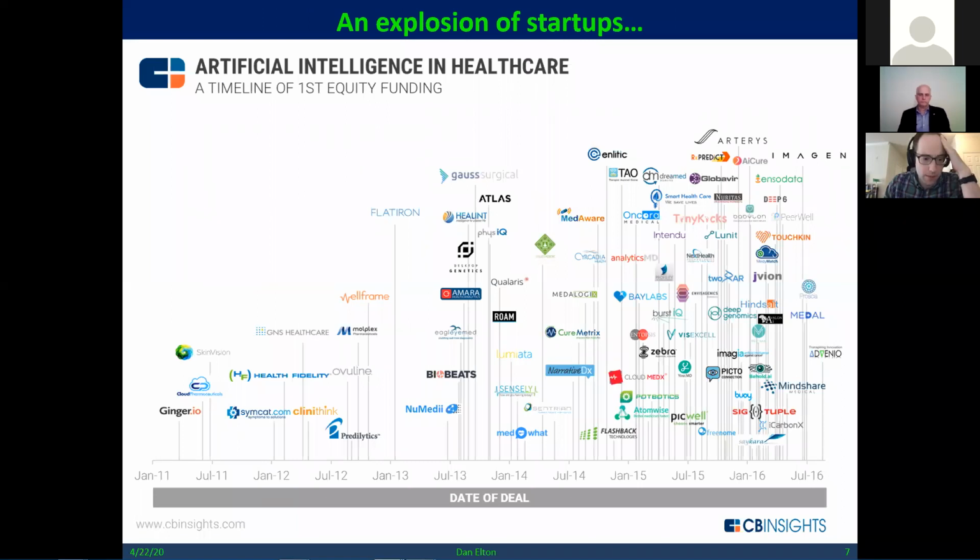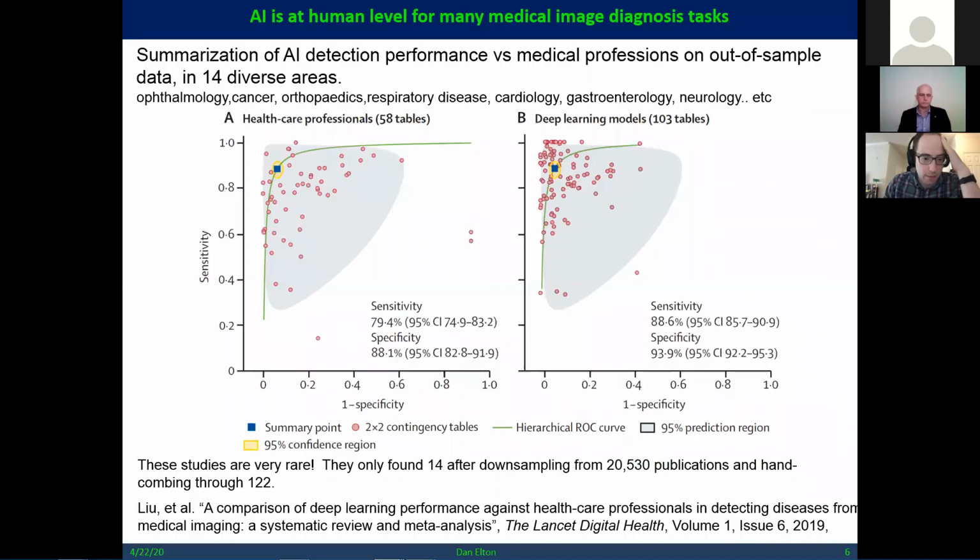If you go back, yeah, just at the bottom there's a paper you can look at, and in this paper they do a very thorough review of the literature, and they basically look at all the studies that have come out that compare the AI and deep learning with medical professionals.